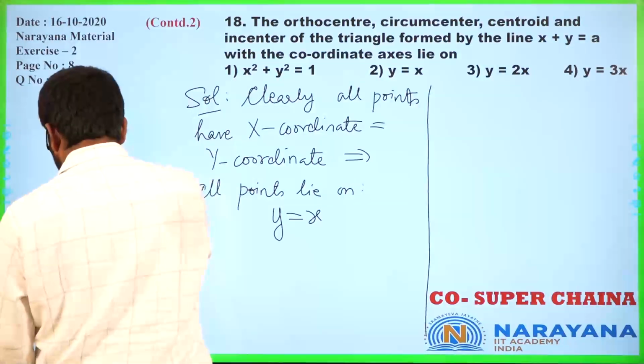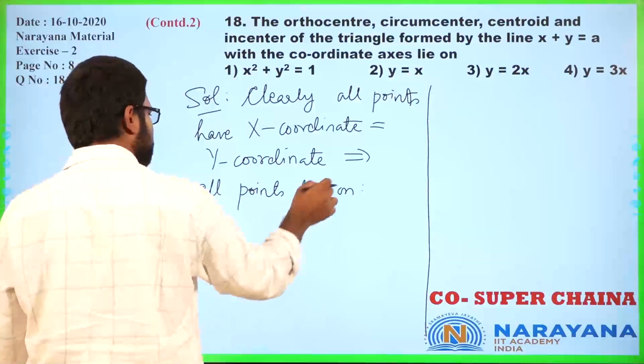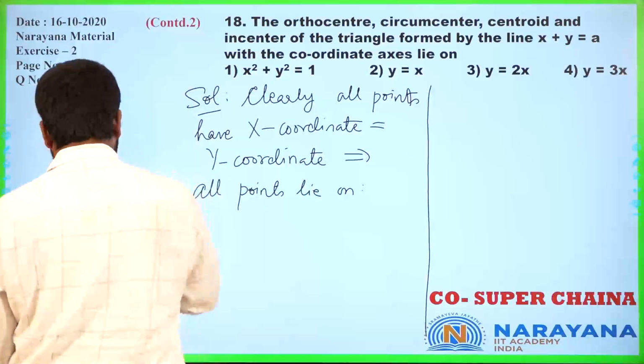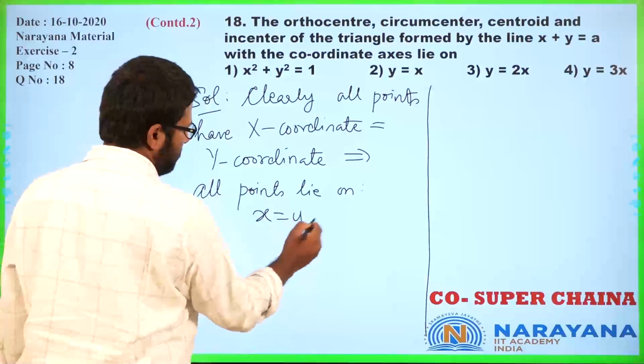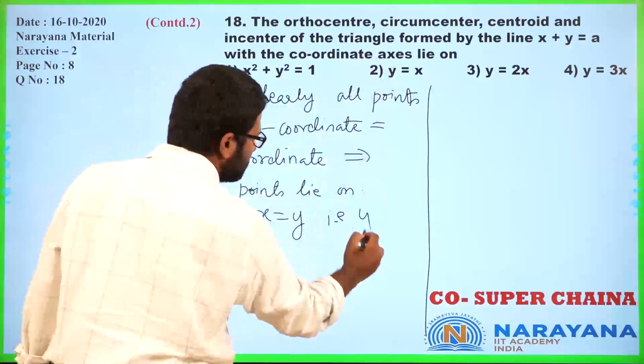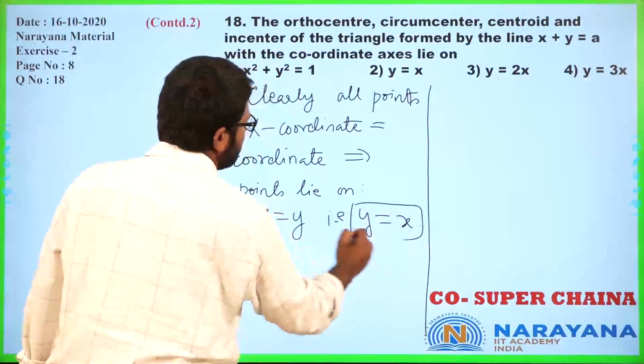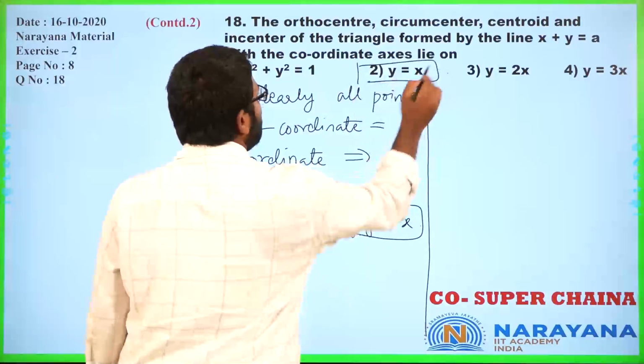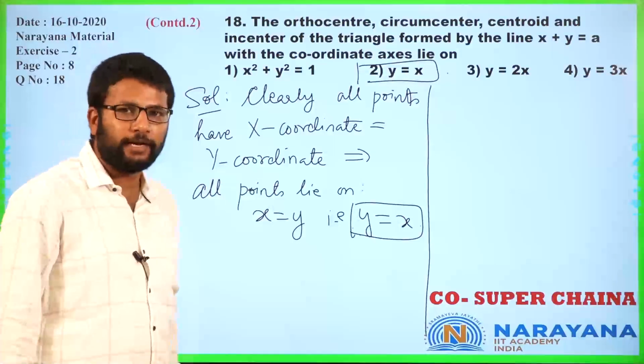Actually, based on this, we will write x equal to y. That is, x equal to y is not there in the options, but y equal to x is there. Y equal to x. Got it?